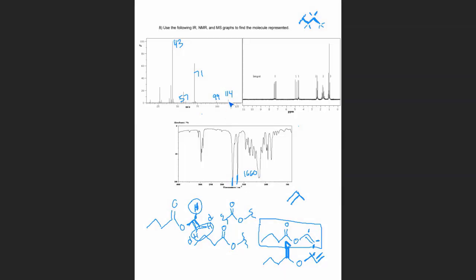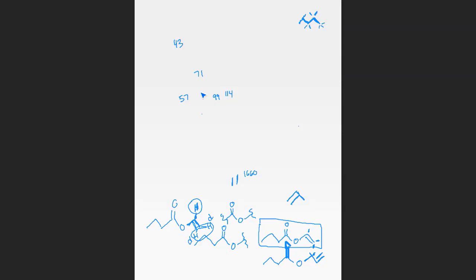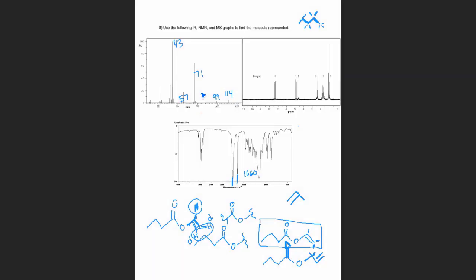If you do the differences between the peaks, 114 minus 99, that is 15, which is a methyl, and you can find a methyl on the left side. With 71, we have 43, and 43 is 3 hydrogens, and we have 3 hydrogens here, and we would split it between the carbonyl and the alpha carbon.